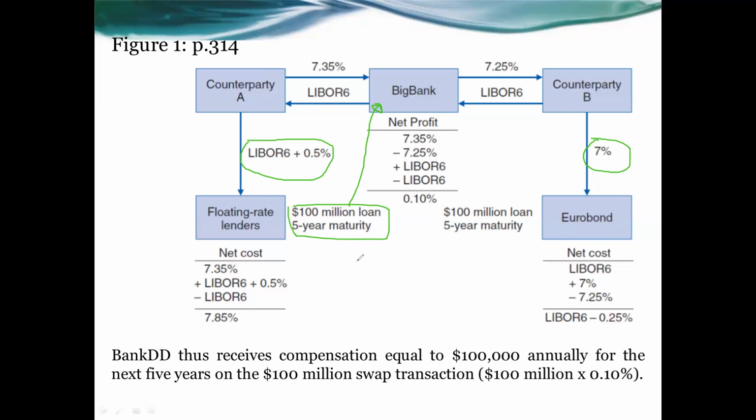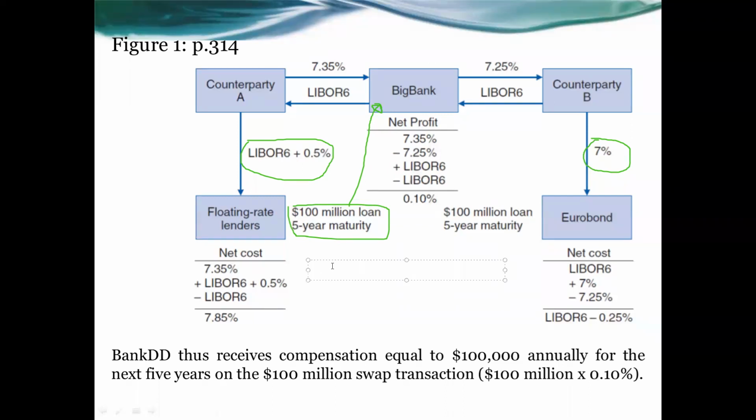So for a 5 year period, A will pay 7.35% interest based on his $100 million value.